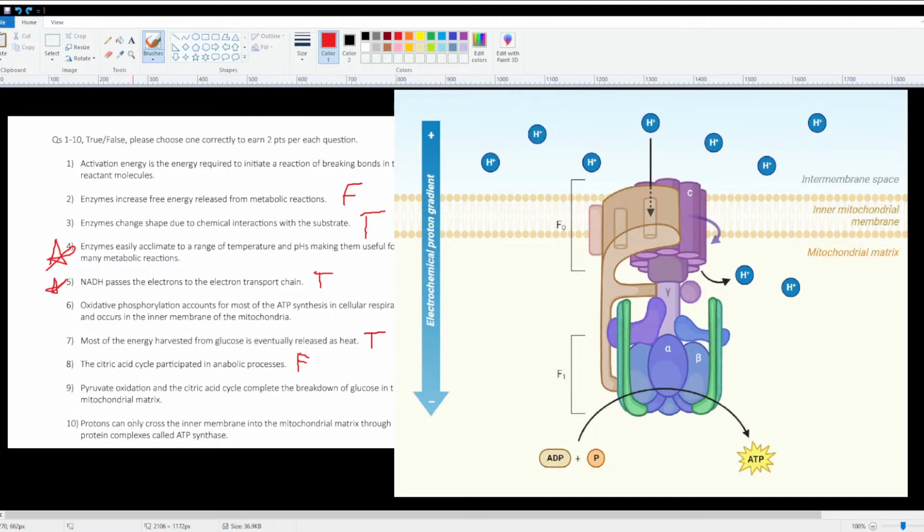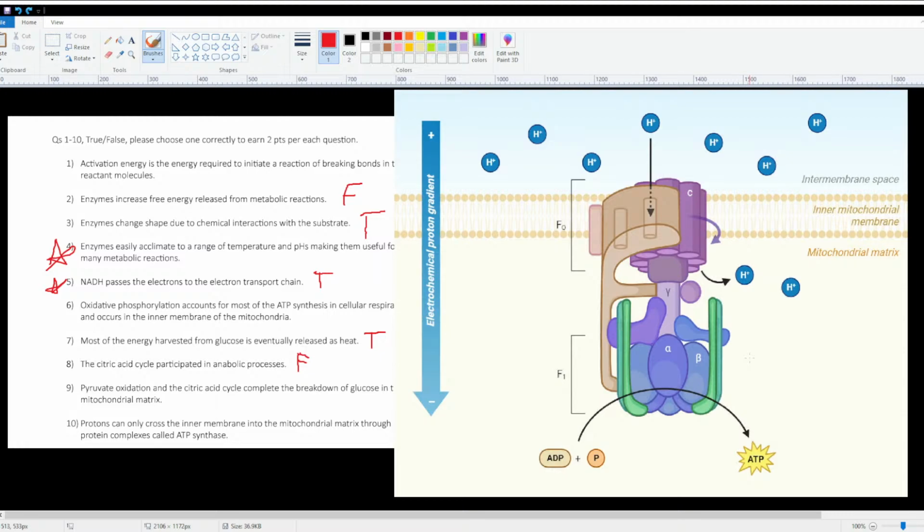So when we're saying protons can only cross the inner membrane space into the mitochondrial matrix through a protein complex called ATP synthase, well, that's exactly what's happening. The entire point of the ETC is that we push these protons across the membrane space so protons can eventually go through the ATP synthase.